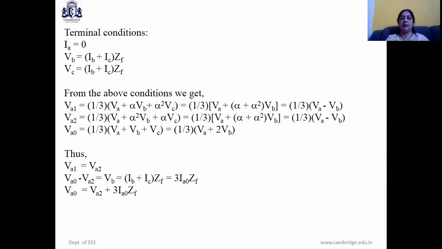Thus VA1 is VA2, and VA0 minus VA2 is VB. So we get the expressions in terms of the fault currents. And the condition IA equal to 0 indicates that IA0 plus IA1 plus IA2 is also equal to 0.